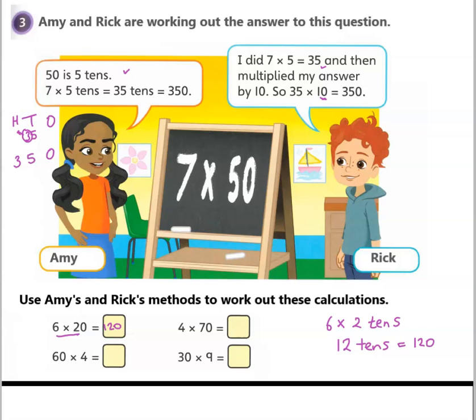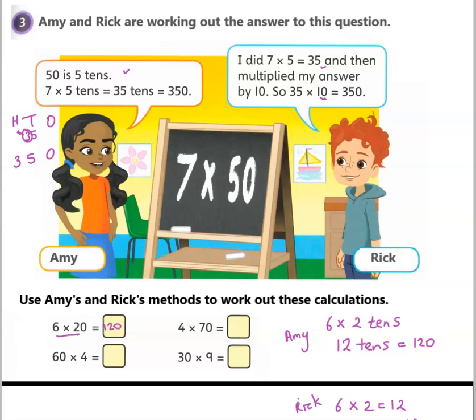So Rick would have said 6 times 2 is equal to 12, and then multiply that answer by 10. So 12 multiplied by 10 equals 1 times 12 is 12, and place my 0 in the 1's place value, it's 120. So both Amy's and Rick's method work.